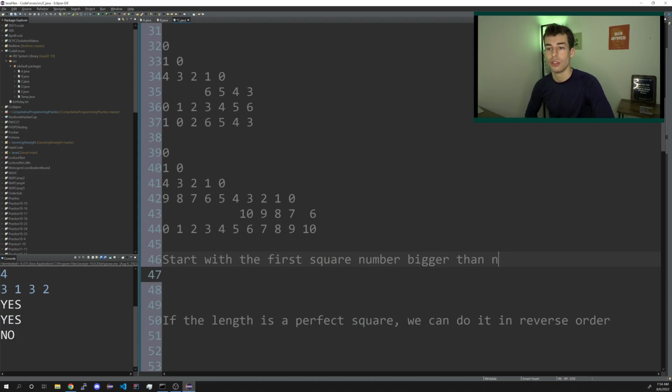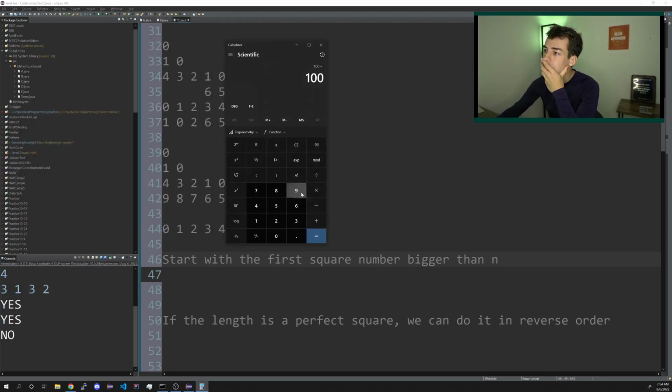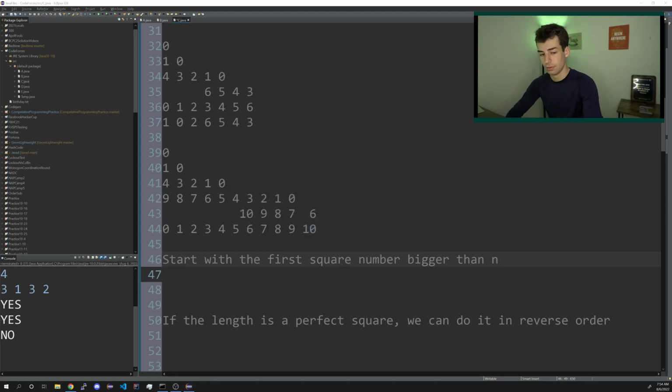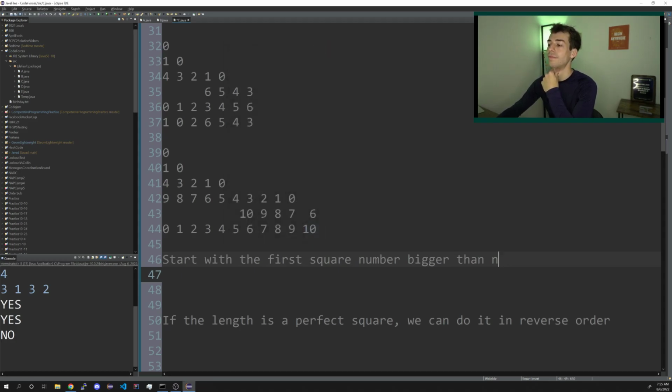What is the ratio between two adjacent square numbers? 1.2. That's the golden ratio. Oh, over 99 over 99. Oh, so it's about 1. Okay.